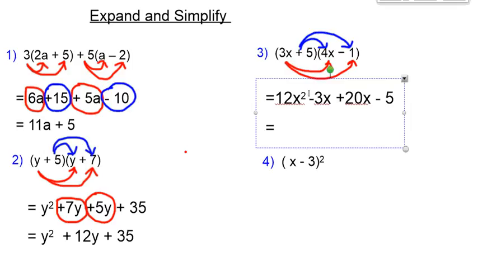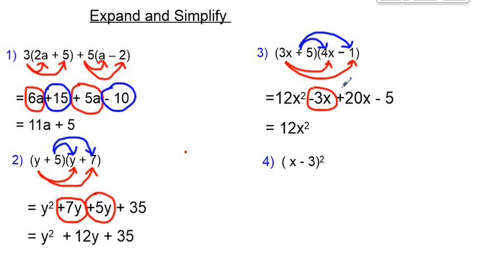Your 12x squared stays the same. So that goes there. Now we will simplify the middle term. This is where students make mistakes. So don't forget to circle the term with the sign to the left of it as I'm doing here.